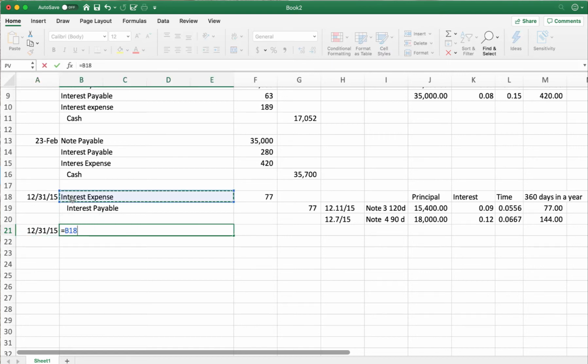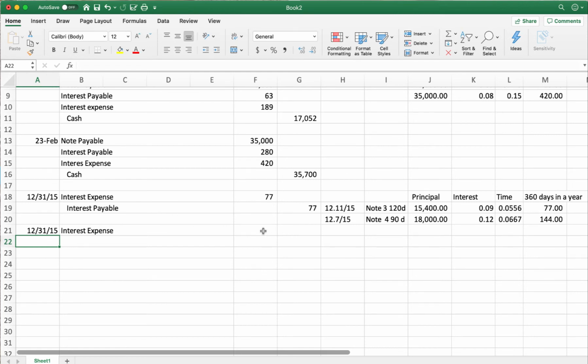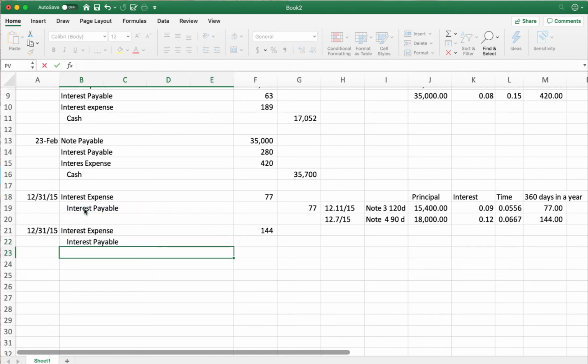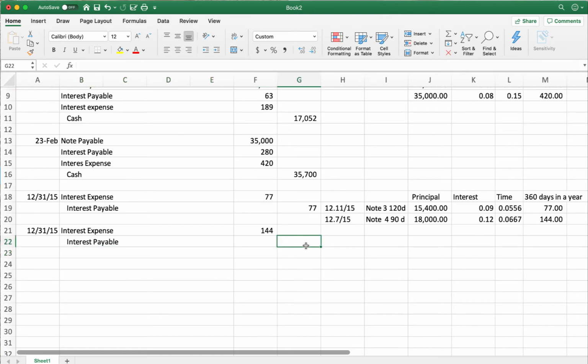I'm going to debit interest expense for $144. I'm going to credit interest payable for $144. And that is how you do problem 10-2B.